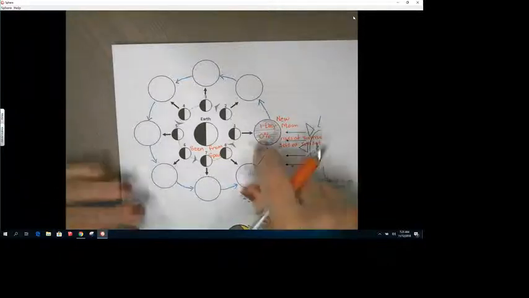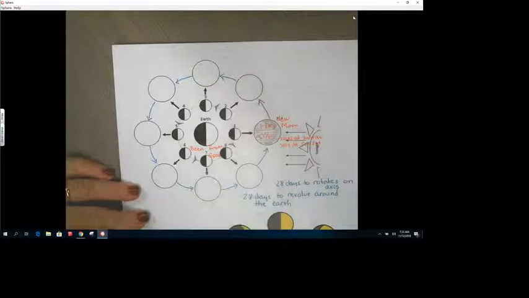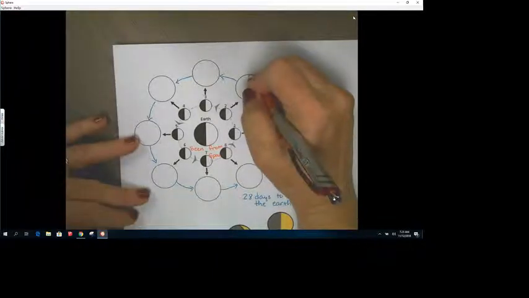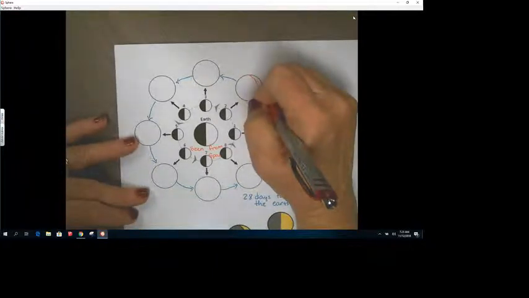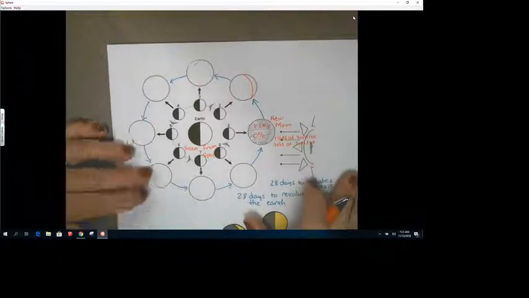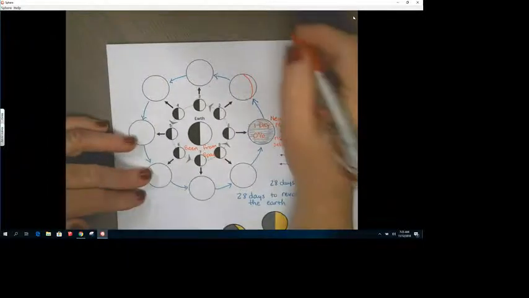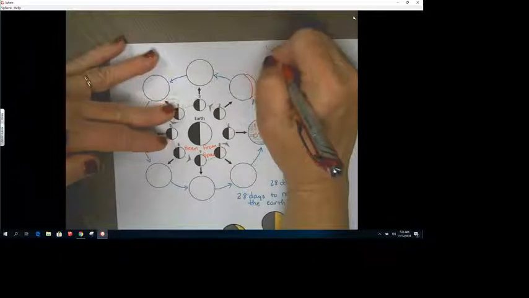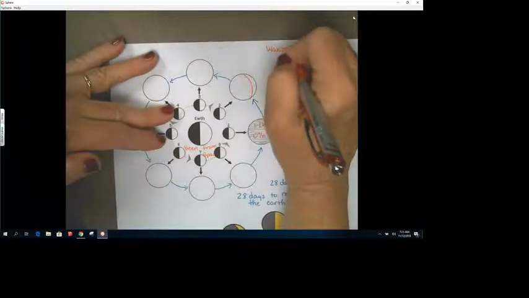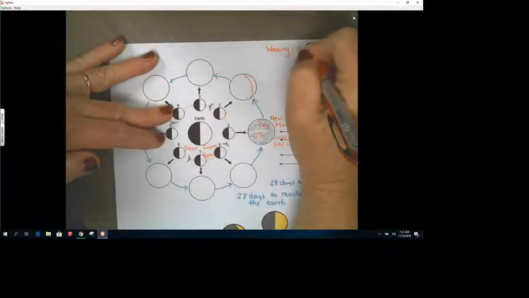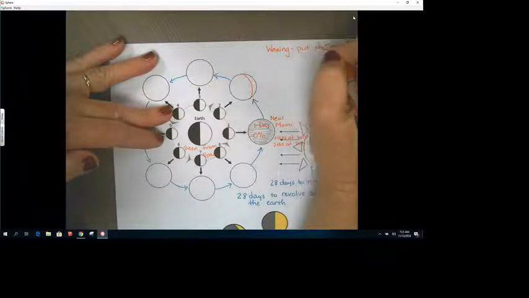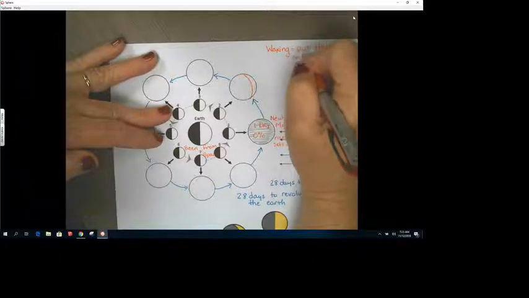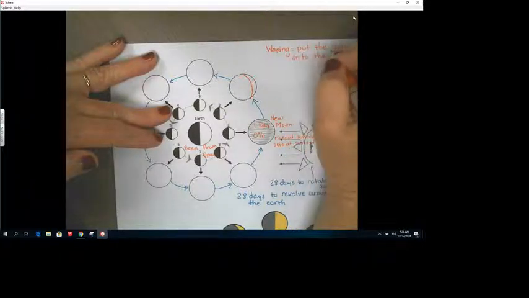All right, so as we continue, the next phase that we are going to see is going to be a waxing crescent. So before we get too far, let's talk waxing. We put the light onto the right.